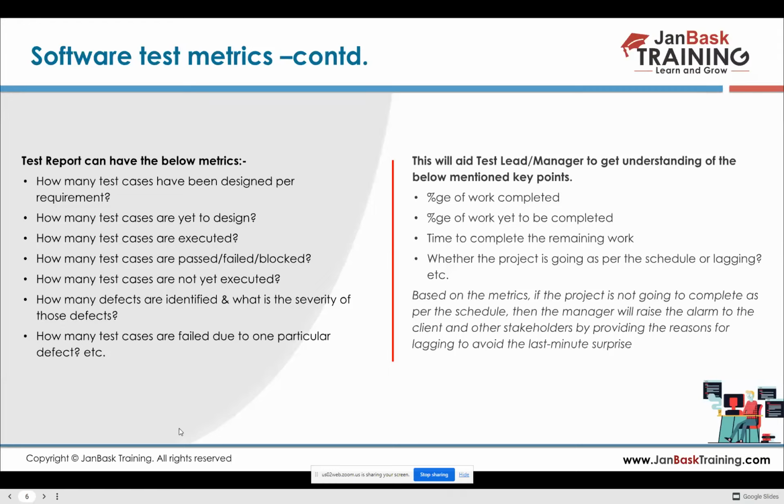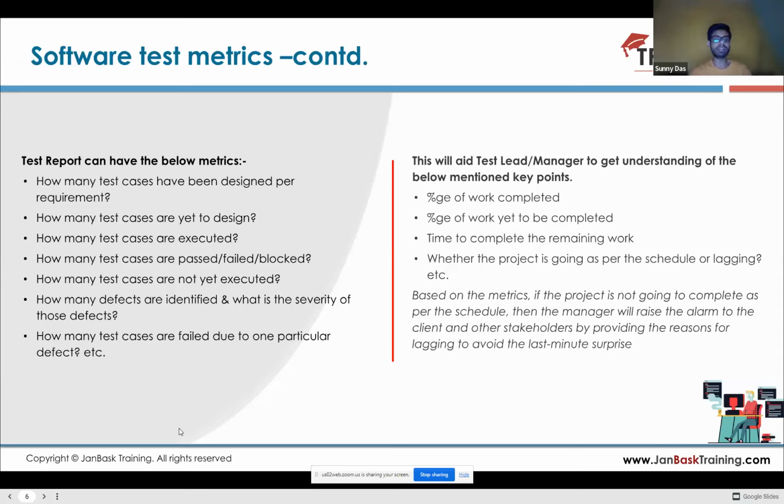But when you have logged 10 defects, and say 70% or 80% of them are high severity or high priority defects, the management will raise a red flag, because there is some issue with the software and this many high priority, high severity defects have been logged.